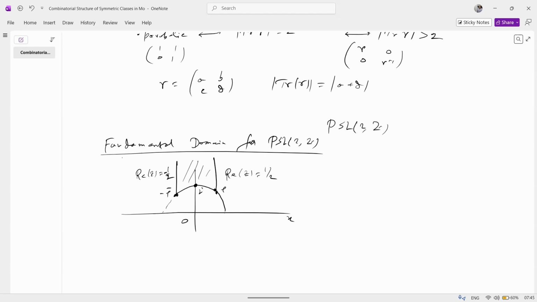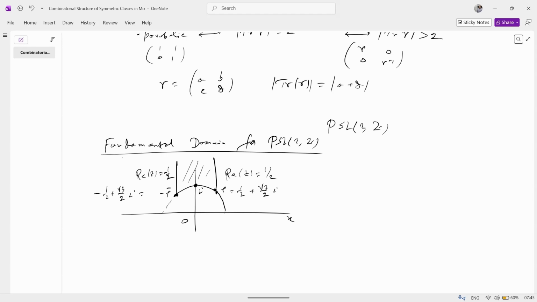And what are these corners? This is half plus root 3 by 2 i, and this is minus half plus root 3 by 2 i. So this is minus rho bar. All right, so this is the fundamental domain for PSL2Z.